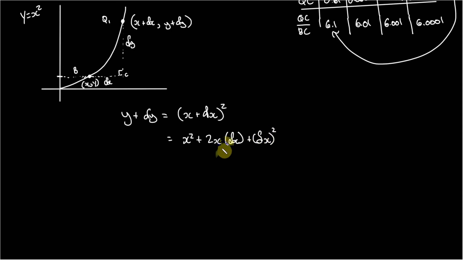And from here, we know again that y equals x squared, right? And so we can continue by saying delta y equals 2x times delta x plus delta x squared.